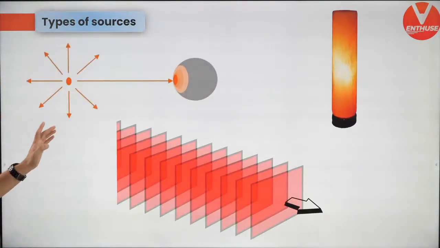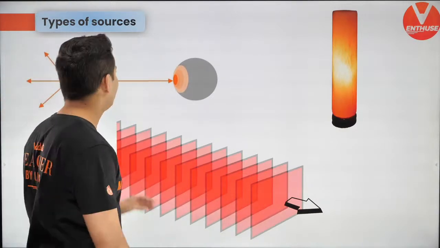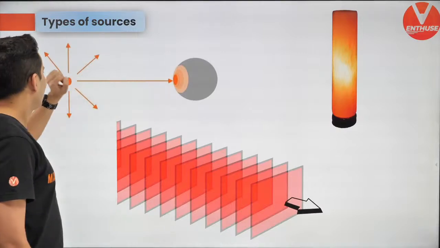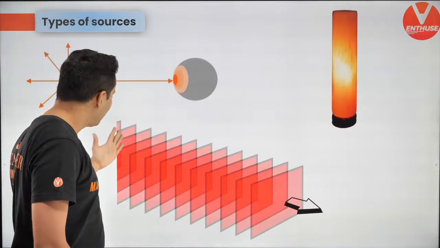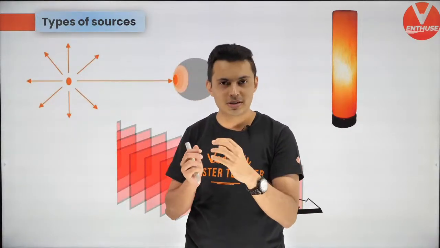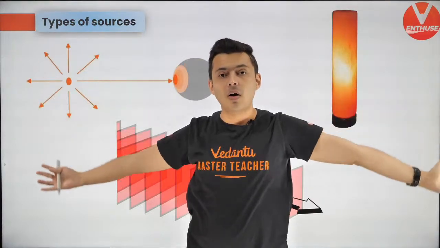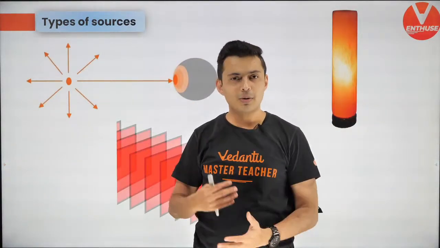Now, last thing over here, and that is different types of sources. Point source, cylindrical source, and planar source. Imagine a source which can propagate sound in all the directions, left, right, top, bottom, up and down, everywhere.